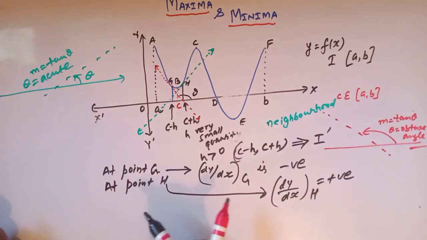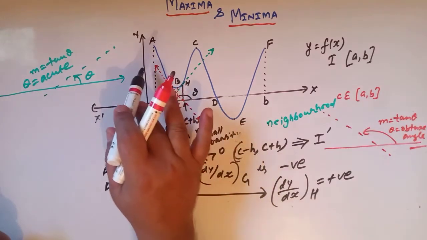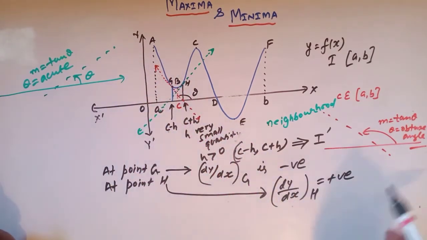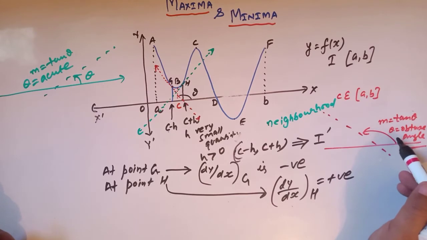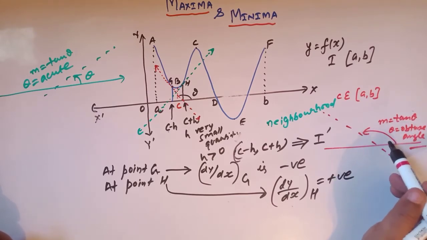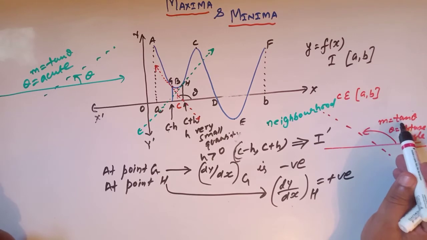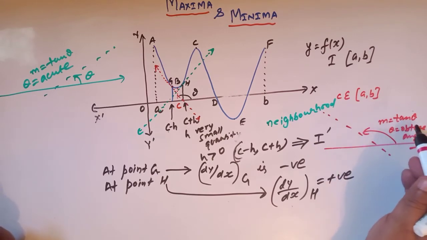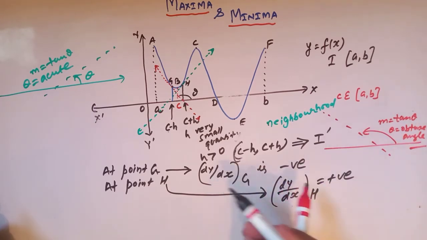clear. I hope it is clear, because at point G the tangent is making an angle theta which is obtuse, and this obtuse angle lies in the second quadrant, and in the second quadrant tan theta is negative. And what is tan theta? Tan theta is the slope, which is equal to dy over dx.